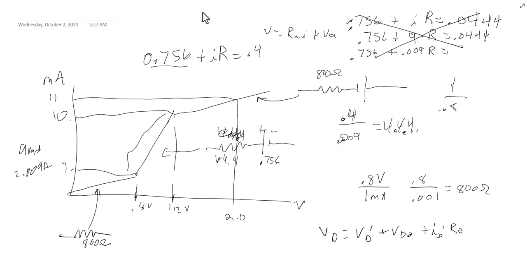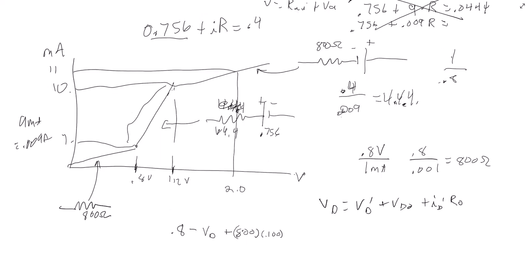But this time we are reverse biased. So we have minus plus, and I am really just drawing a blank on this one. I'm not sure how they came up with it.